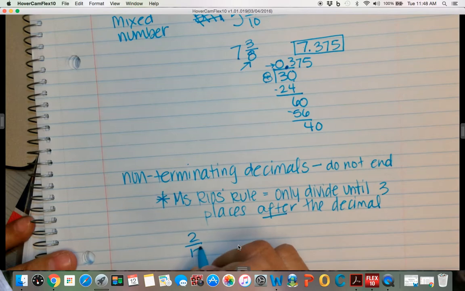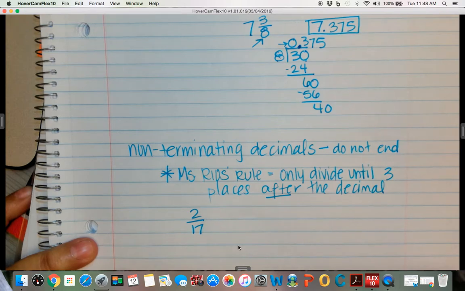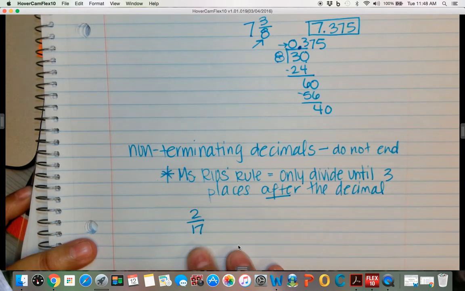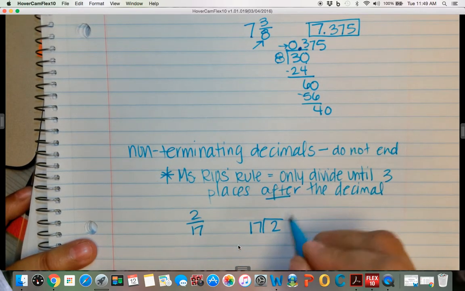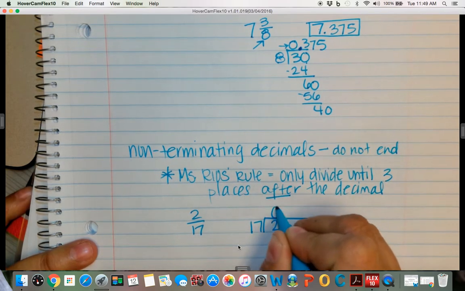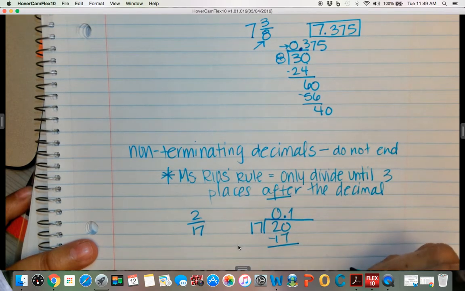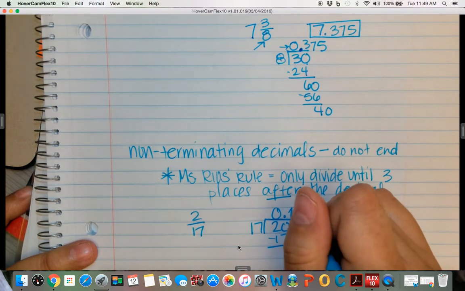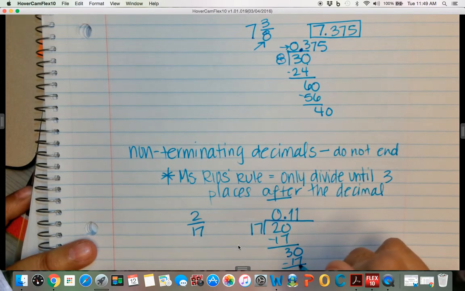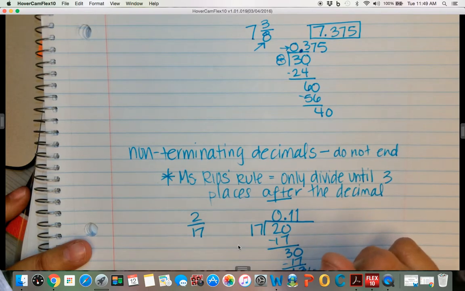Let's say we have 2 17ths. That's a weird number. 17 doesn't easily get to 10 or 100 or 1,000, and we can't divide by 2. So we're going to have to do top dog in the house. 17 into 2, obviously no. 17 goes into 20 once. I have 3 left over. 17 into 30, still only 1 time. 2 minus 1 is 1. 17 into 130.